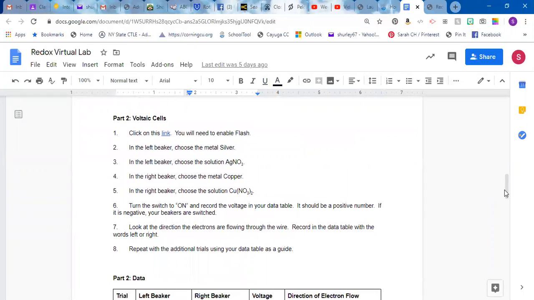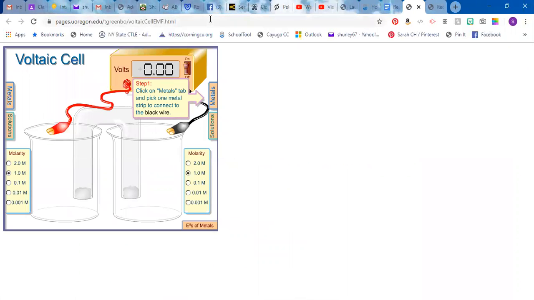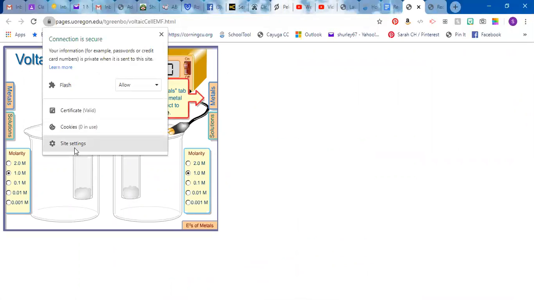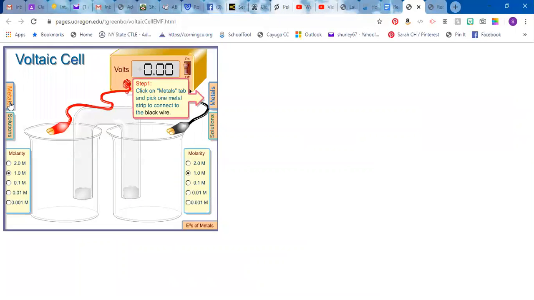And then part 2, you're going to click on the link. Again, make sure to enable flash if it's not, so go to the little lock button, go to site settings, or it might be up here. It's probably in site settings. Okay, so it tells you in your lab what to do in the left beaker and in the right beaker.